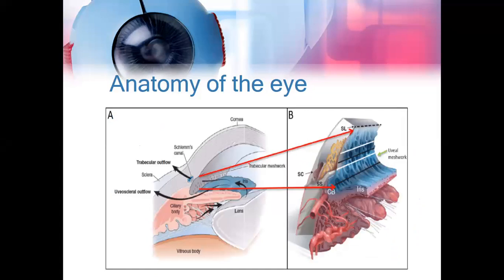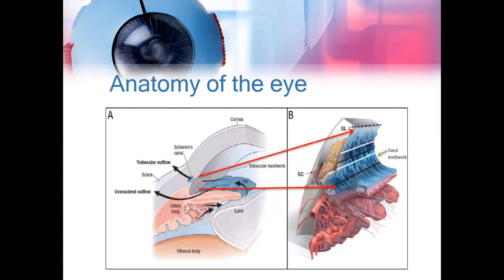So here we have the cornea, and here the iris. And here we have the angle that I was telling you about, the iridocorneal angle.